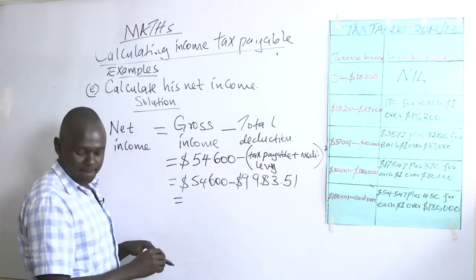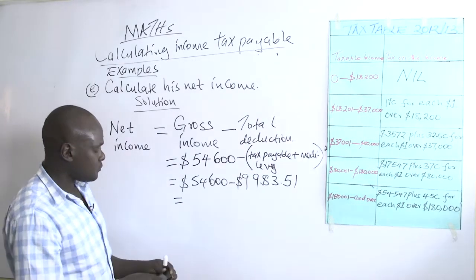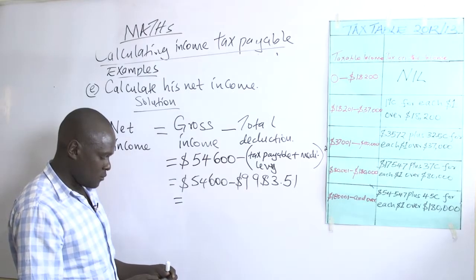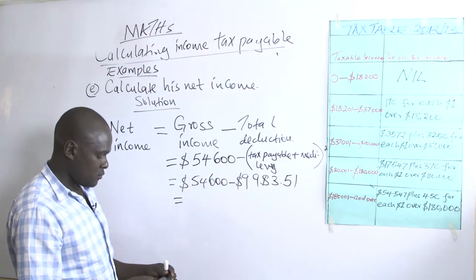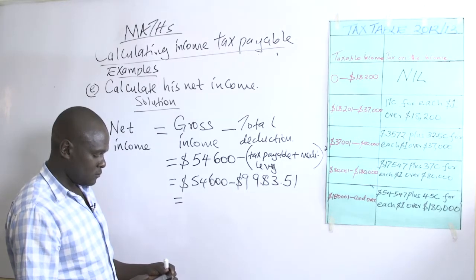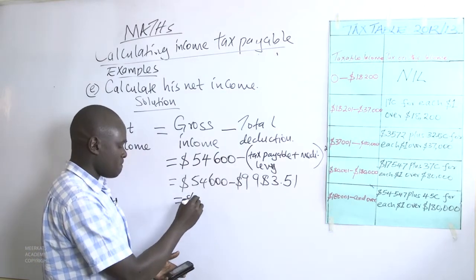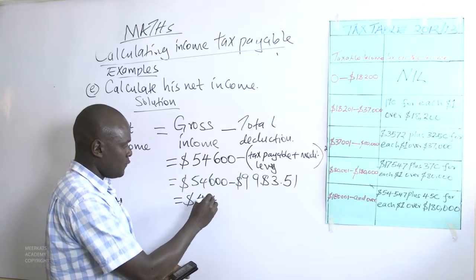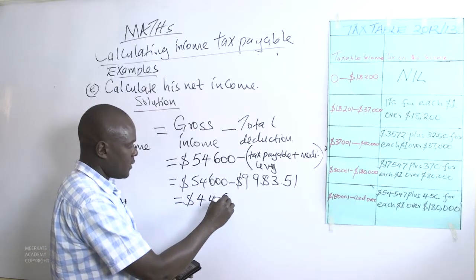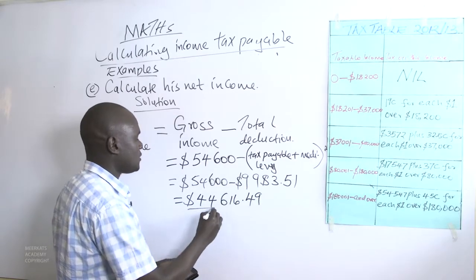When we subtract these two, we will end up with a net income of $44,616.49.